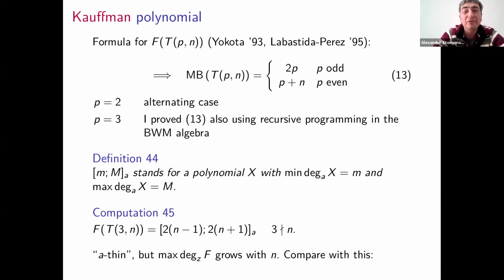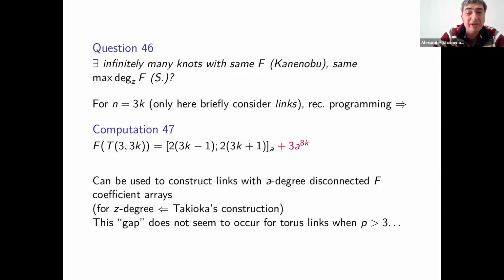And you can see from that, for p even, the Morton-Beltrami bound gives the arc index, but it fails very badly when p is odd. It then gives not p plus n, but 2p. This means when p is odd and I make n very large, this remains constant, while of course the arc index grows.